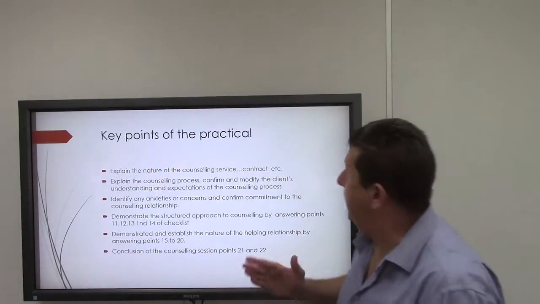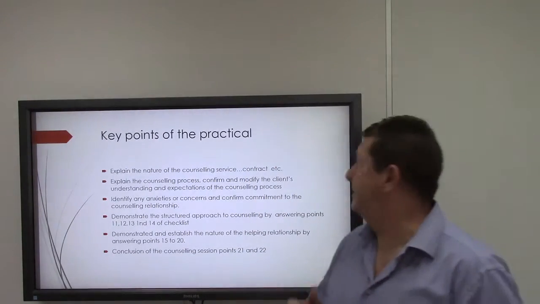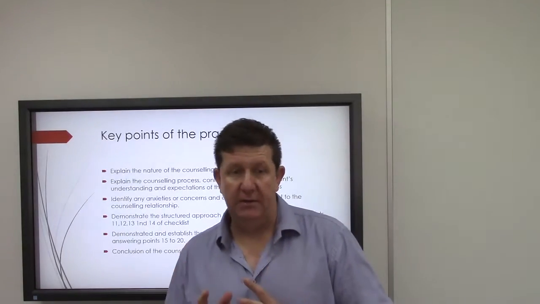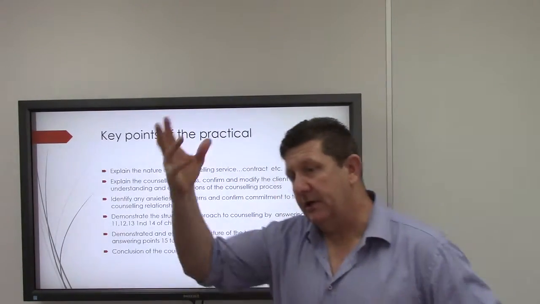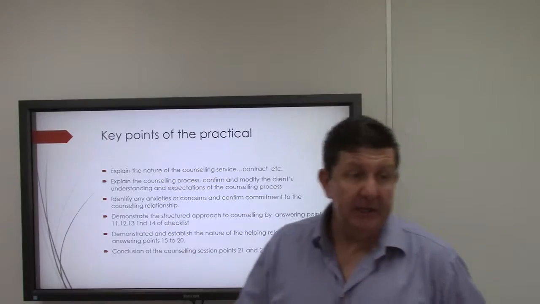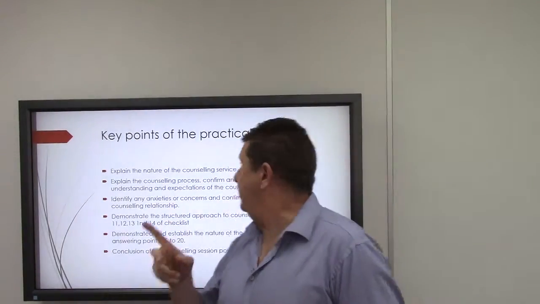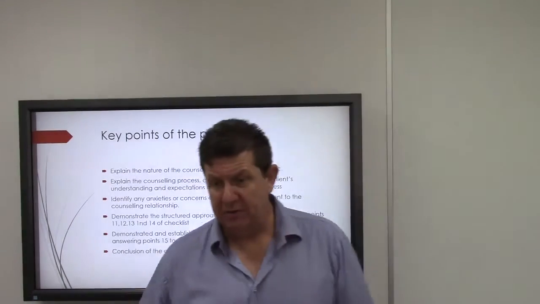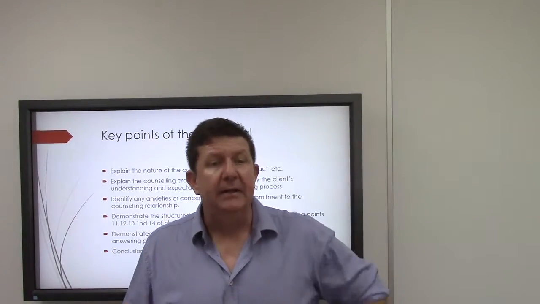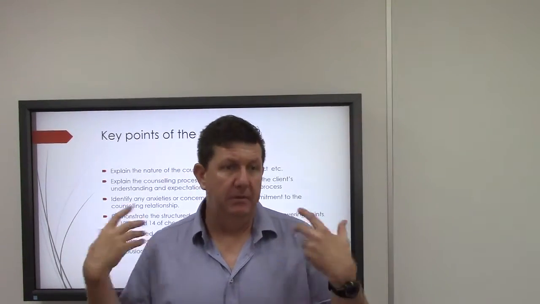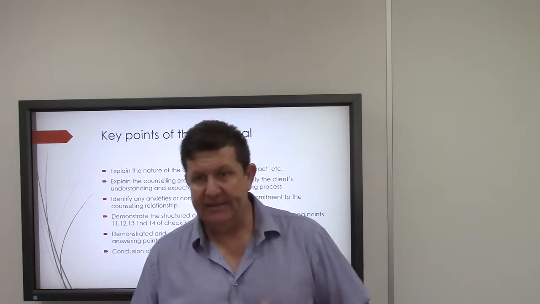Number 1 is explain the nature of the counselling service and the contract. If you look at your observation sheet, that's one of the points. So what sort of service do you offer? It's a family service. We do mostly CBT, PCT.